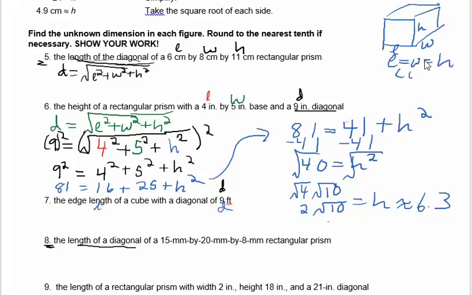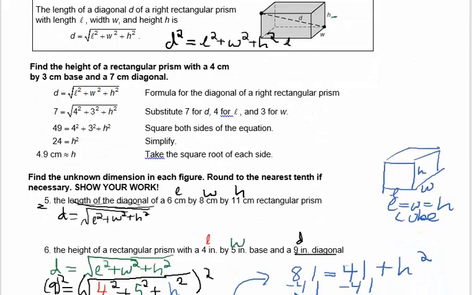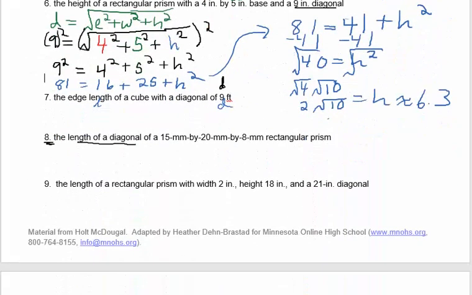in a cube. So that means that if we use this formula, actually, let's use the formula that we adapted by squaring both sides. D squared equals L squared plus W squared plus H squared. In a cube, L and W and H are all equal to each other. So we can use L for all of them if we want, right? Let's write that.